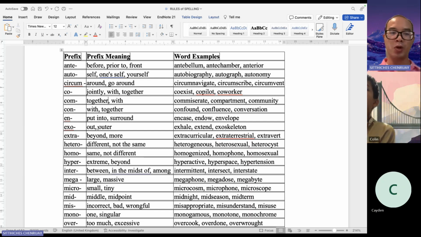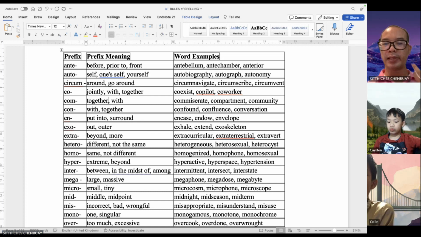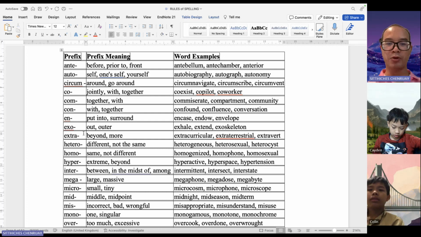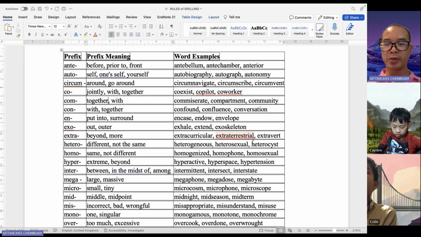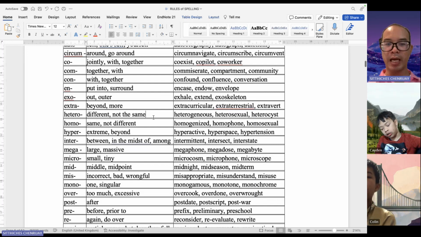En, to put into or surround: encase, endow, envelope. Ex: excel, extend, exoskeleton. Extra: extracellular, extraterrestrial, extrovert. Hetero does mean different, not the same: heterogeneous, heterosexual.